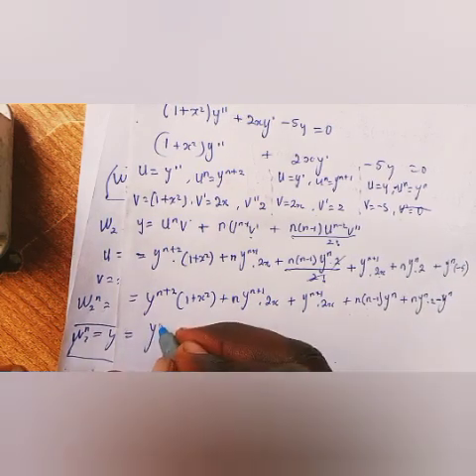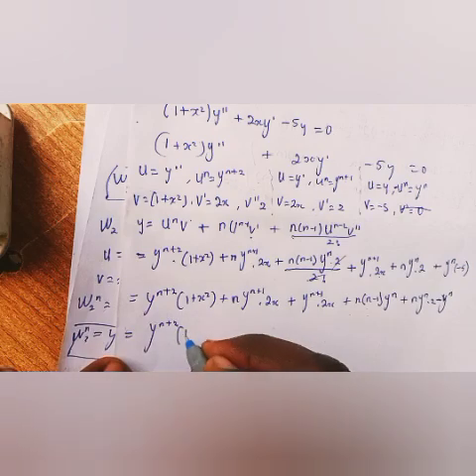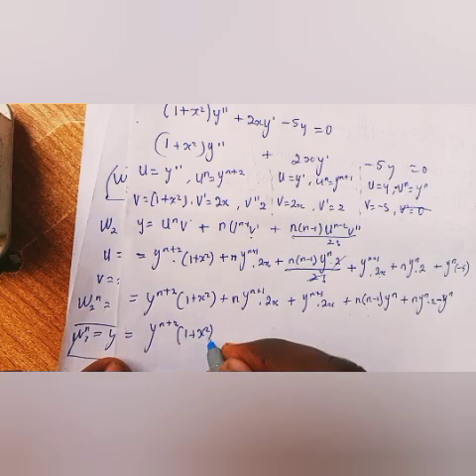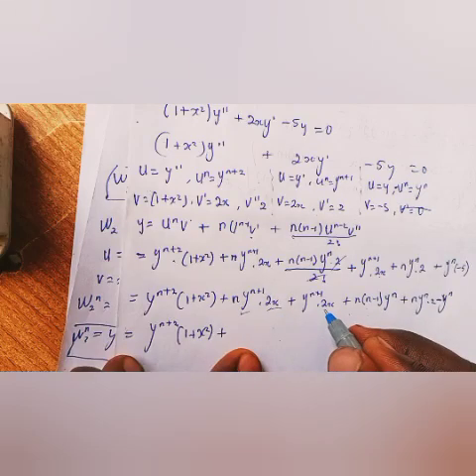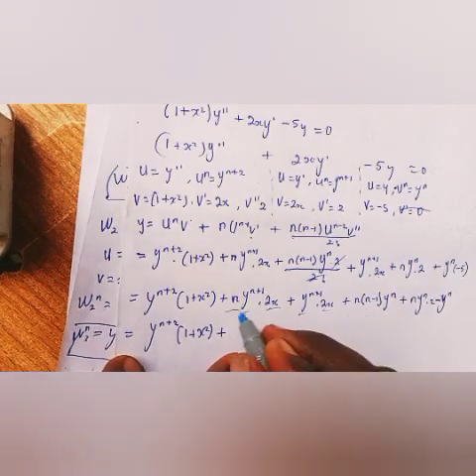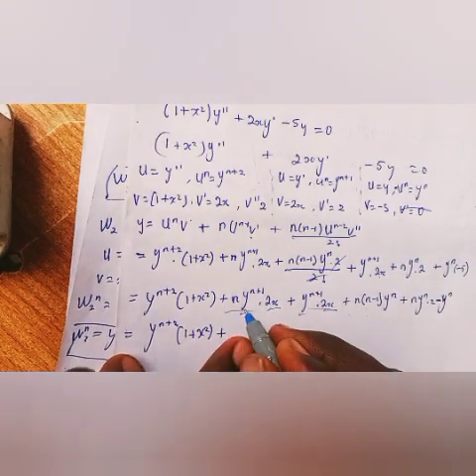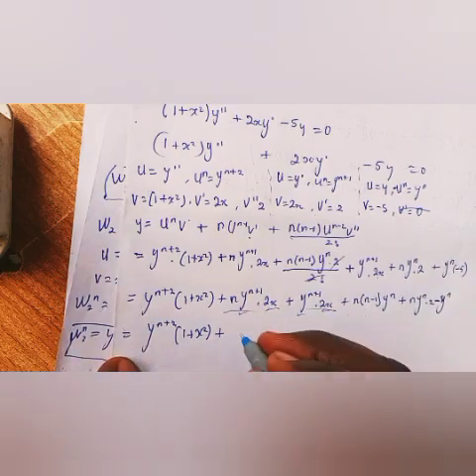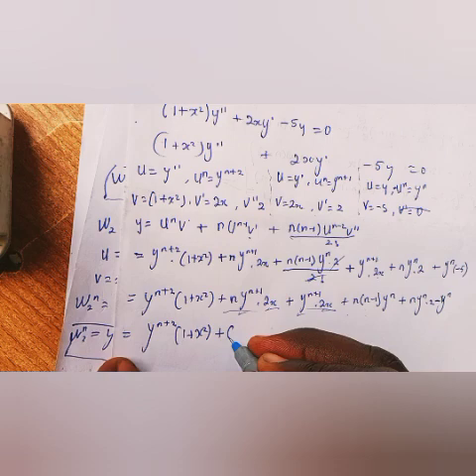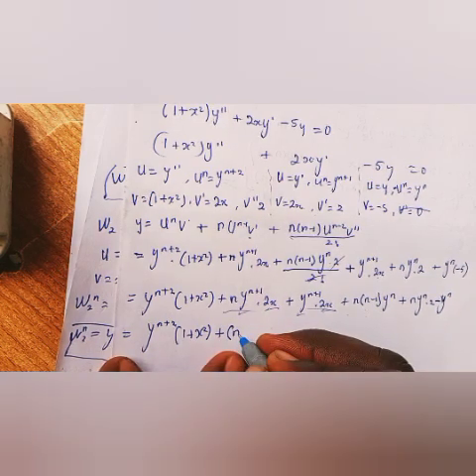So we can see that we're going to have 2, (1 plus x squared), plus, now this is common, so between here and here we have yn plus 1, yn plus 1, 2x, 2x, so it's going to remain just n.